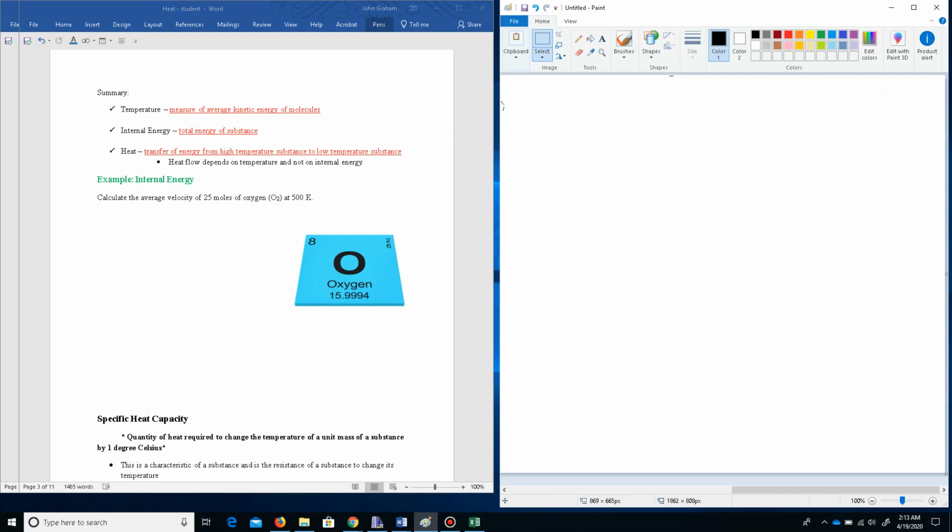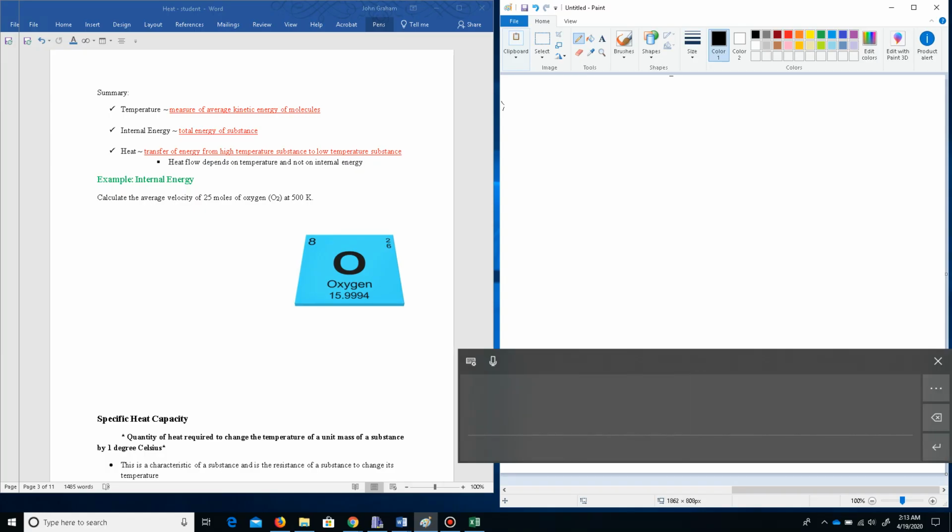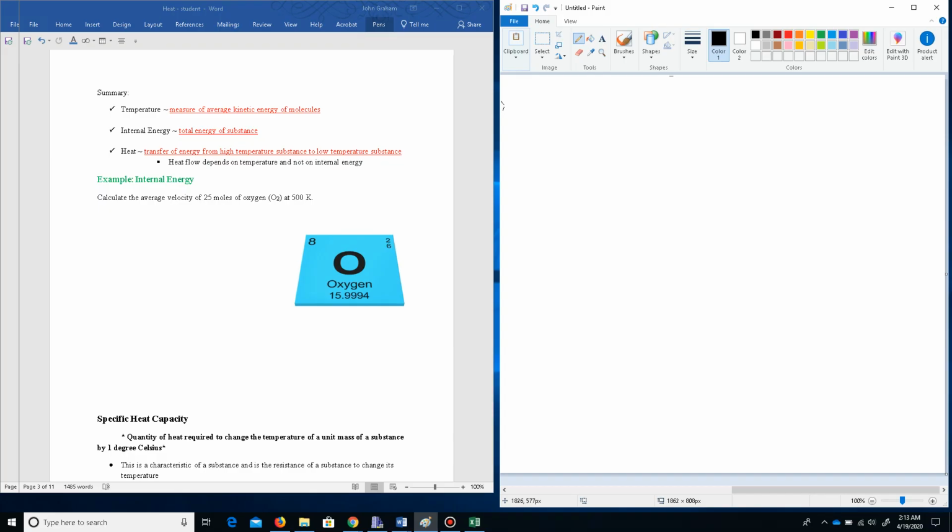We want to calculate the average velocity of 25 moles of oxygen, O2, at 500 K. So our temperature is 500 K, n is 25 moles, and we're talking O2.